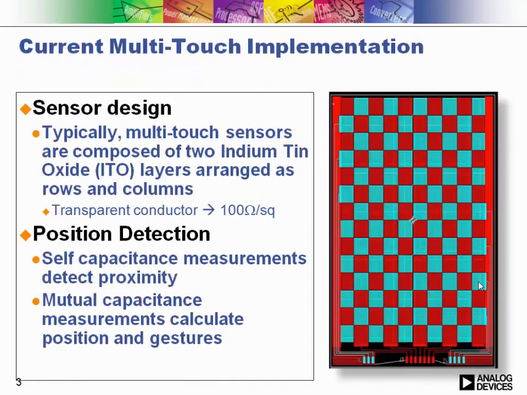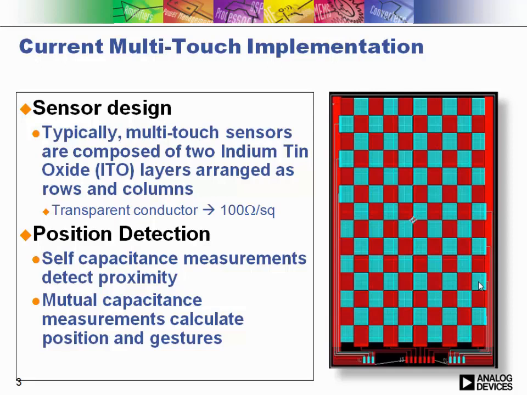Now, to do that, we need to implement some kind of circuit to detect touches. And nowadays, I think all the screens are done with capacitive sensing. That is, we detect the changes in capacitance on the screen.